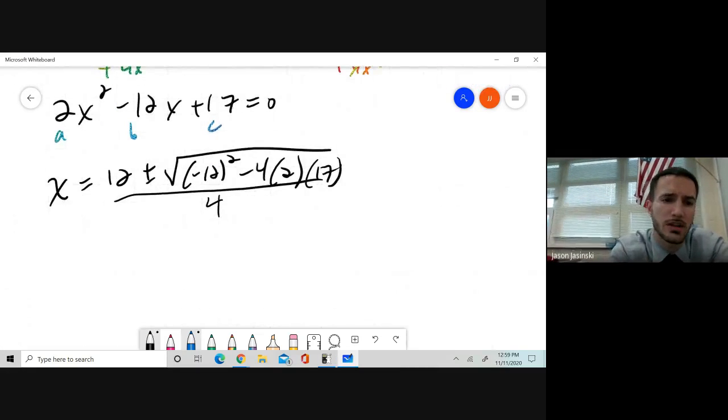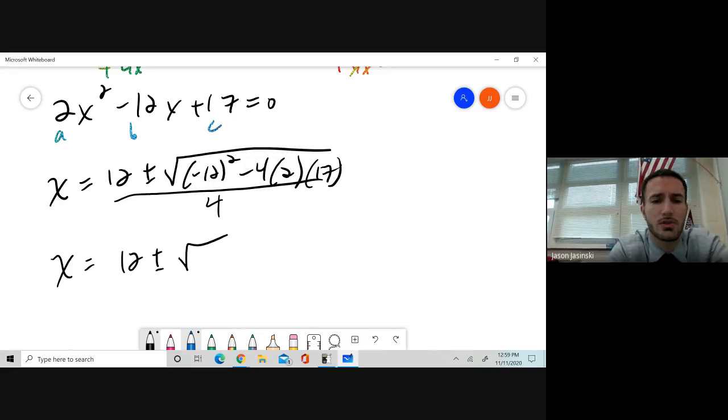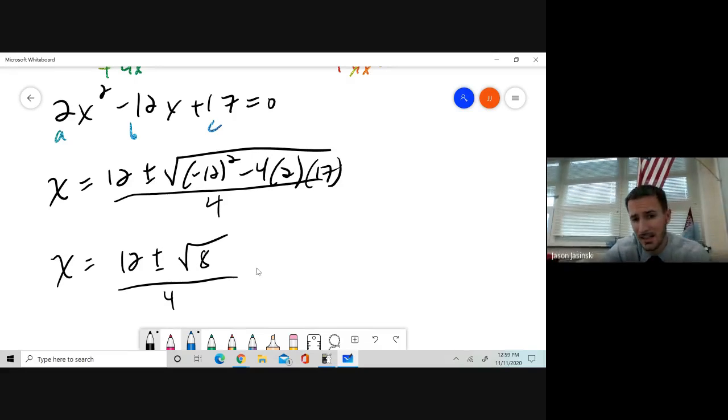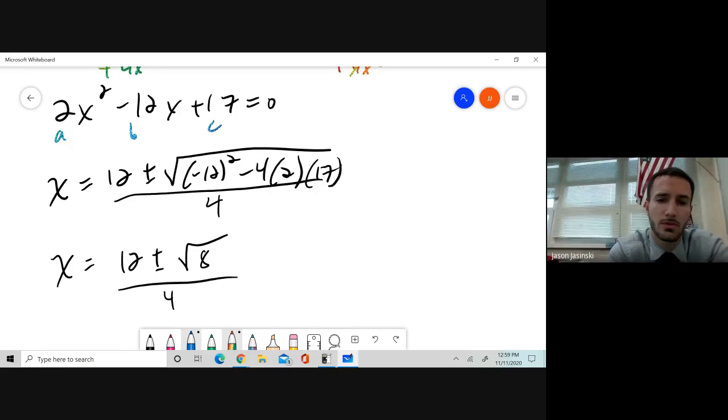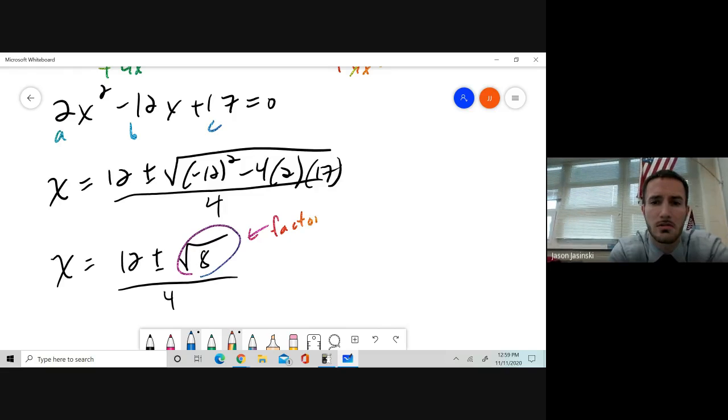All right, so watch how nicely this works. Now keep in mind, this solution is irrational because 8 is not a perfect square, okay? So we're going to have to do the factor tree method on square root of 8. So I'll do that on the side.